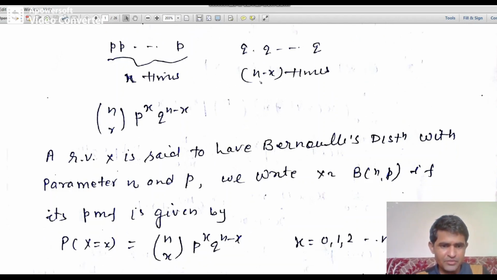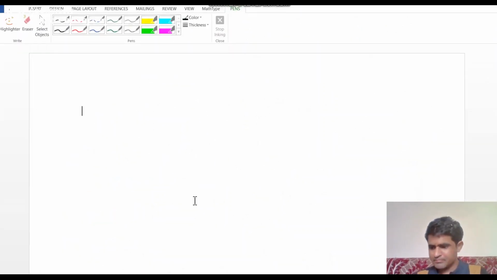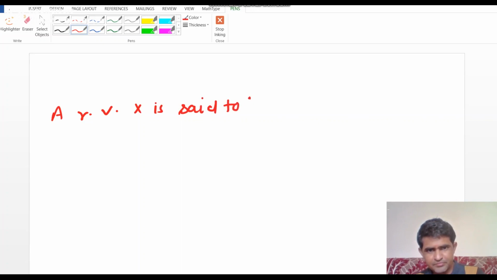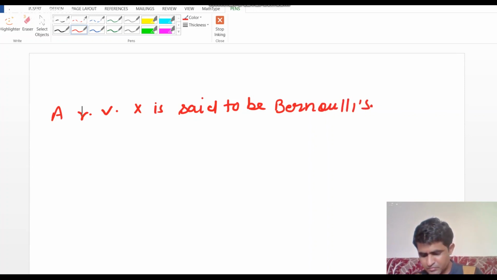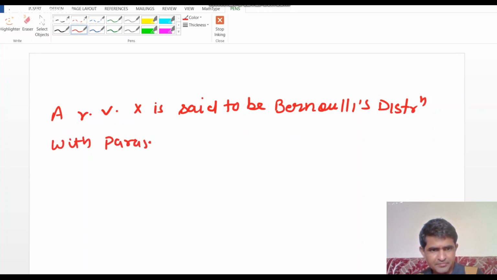Now if you can see here, this is a better way to explain. Okay guys, a random variable x is said to follow the binomial distribution with parameters n and p.